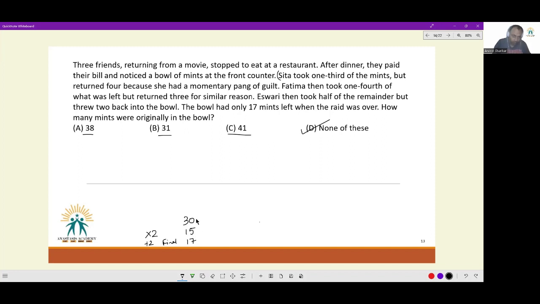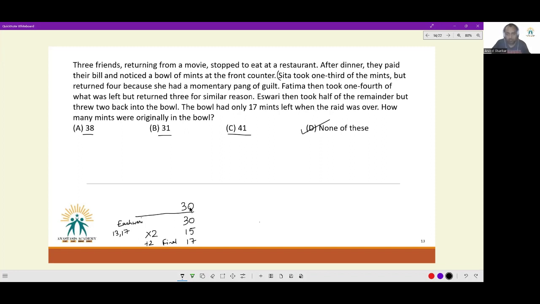So from 15, to go to the prior number, it has to be 30. So when Ishwari came in, 30 mints were there in the bowl. She took 15 and then she threw back 2. So essentially, she has taken 13. She has left 17. This is what happened with Ishwari. So when Ishwari arrived, 30 were left.